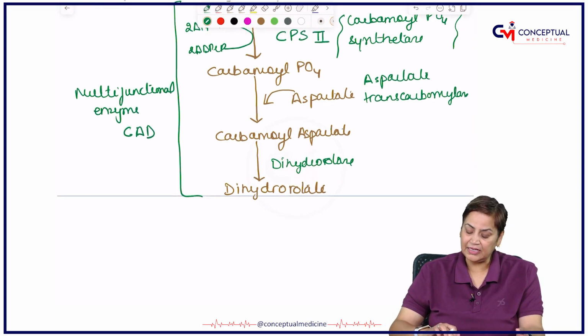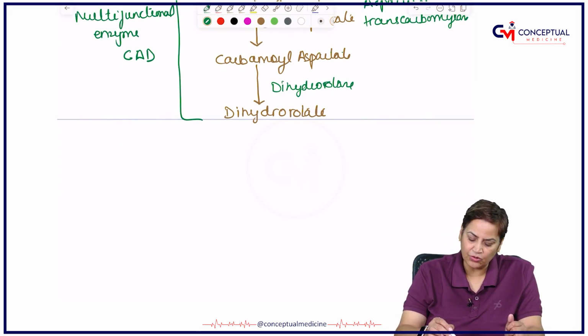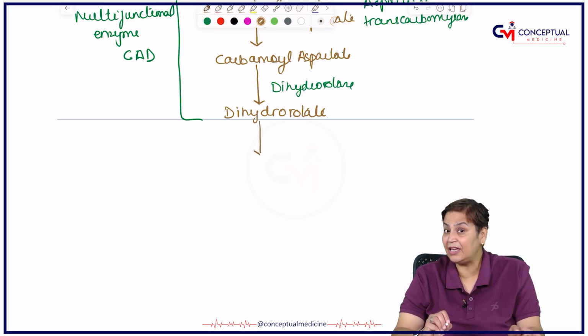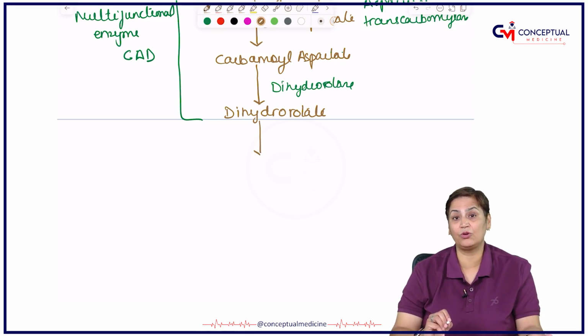Now once this dihydroorotate is produced, it will undergo dehydrogenation, which is the only step of pyrimidine biosynthesis occurring in the mitochondria.